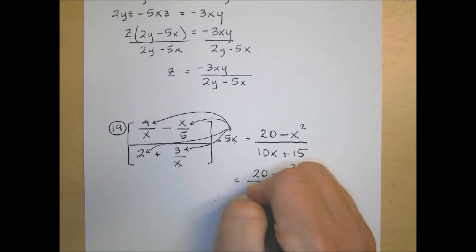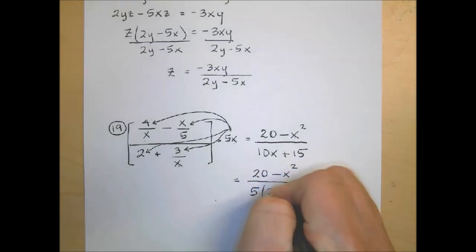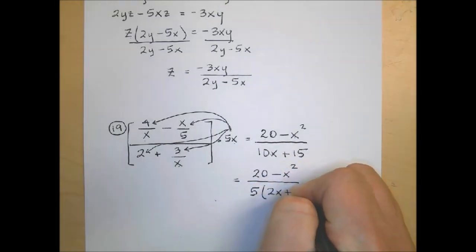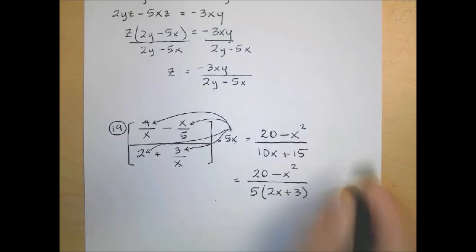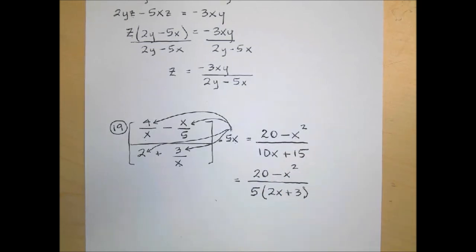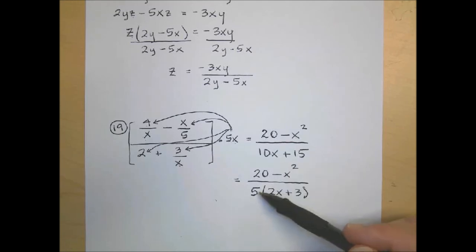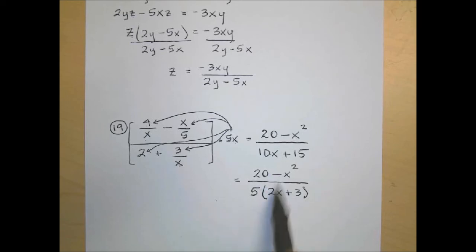I'm going to factor out a 5, and I'm going to be left with 2x plus 3. Now, did that really help me? Not really, because there isn't anything that's going to reduce with that 5, and there isn't anything that's going to reduce with that 2x plus 3. But the final answer is now in factored form.